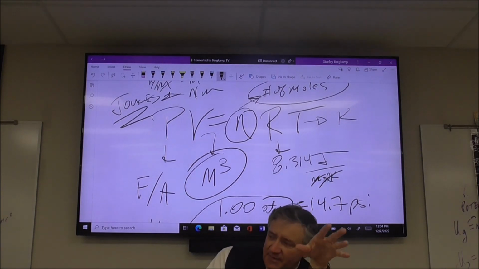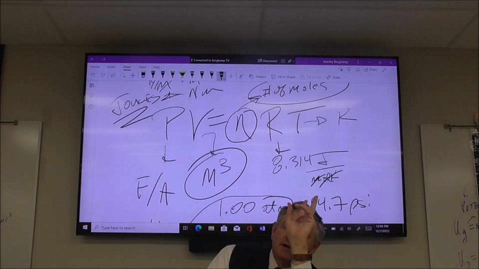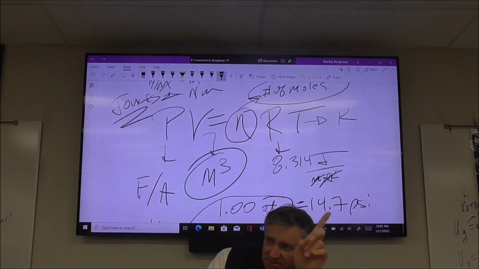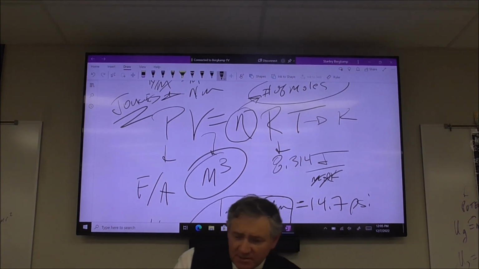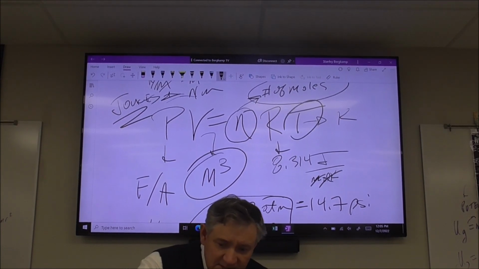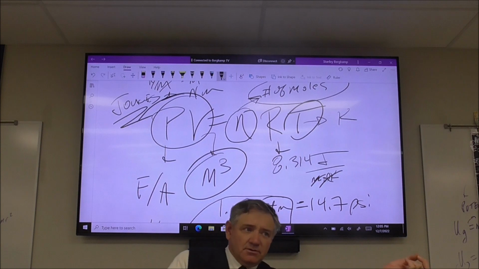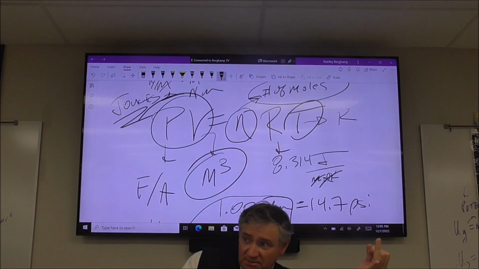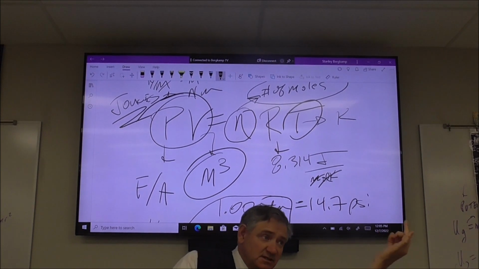So the advantage of the Kelvin scale in terms of this equation is that it has two advantages. Number one, it's never going to go to 0. Because if the temperature goes to 0 over here, that means the left side has to go to 0, which means either the pressure goes to 0 or the volume goes to 0, which doesn't make any sense at all.